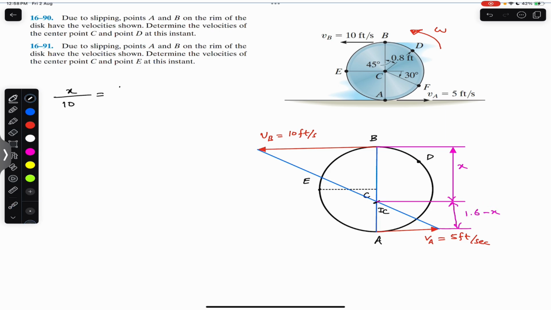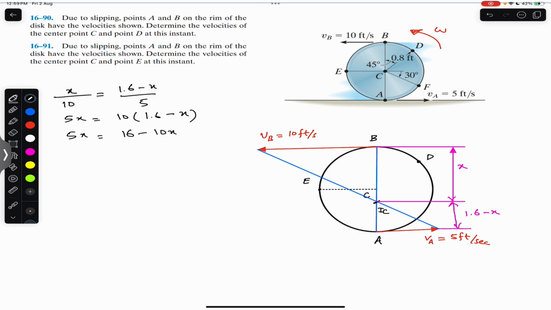If we cross multiply, this will be 5x equals 1.6 into 10, which is 16, minus 10x.